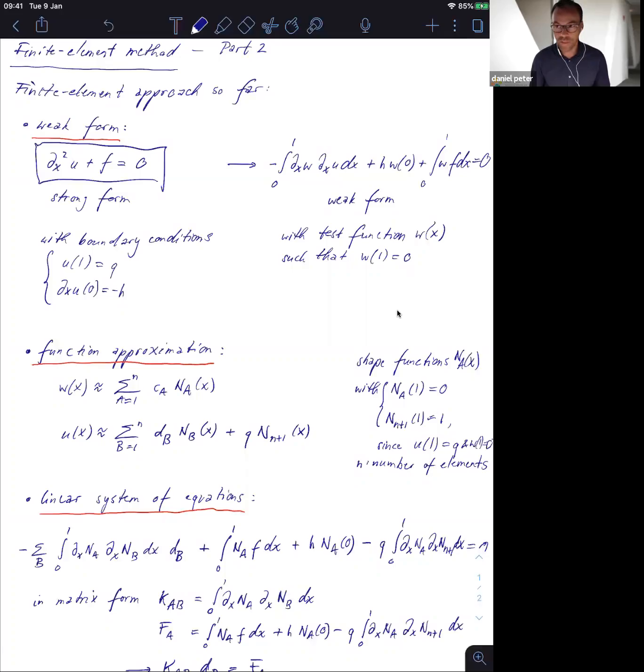So it's a steady state diffusion equation. But what's the main part here in the equation? That's the second order spatial derivative. And then there is no other derivative involved in this case.